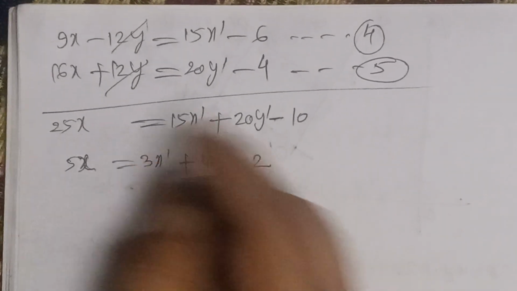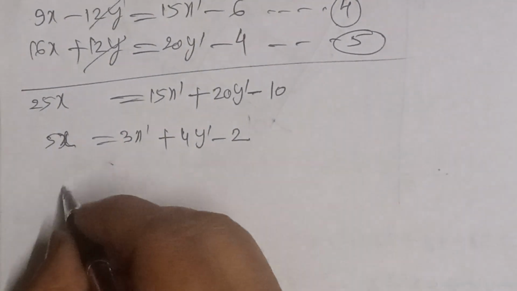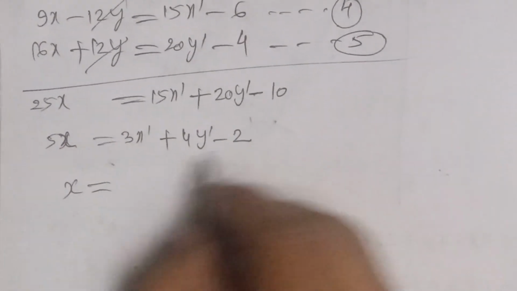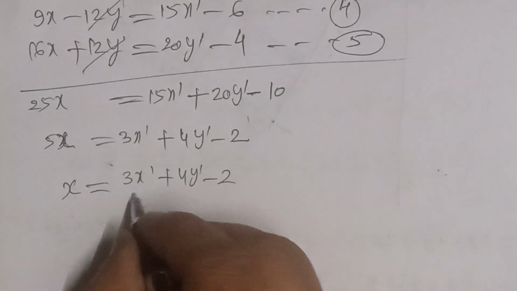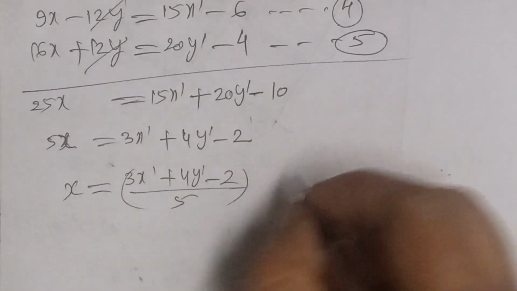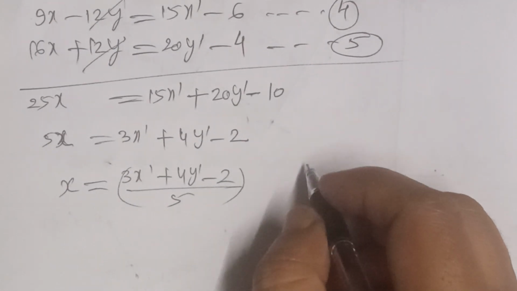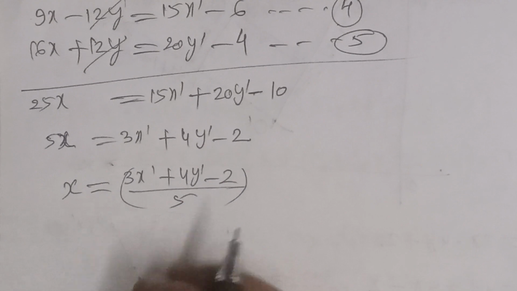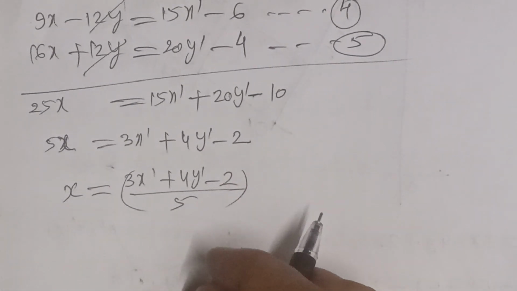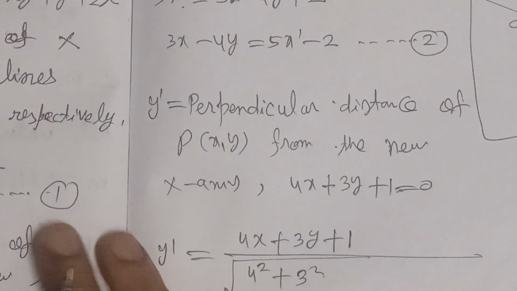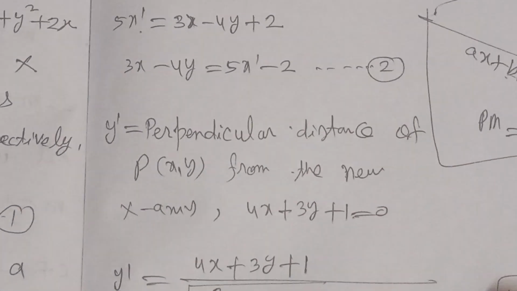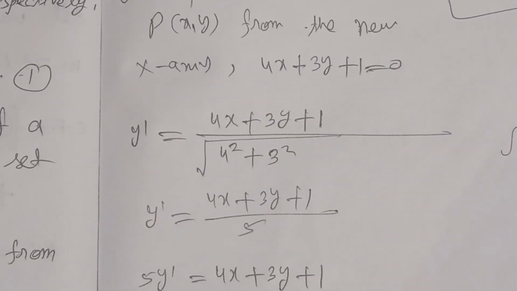But we have to find the value of x in terms of x dash, y dash. So I divide the whole equation by 5. We get 3x dash plus 4y dash minus 2 upon 5. This is the value of x in terms of x dash, y dash. Now we have to find the value of the unknown y from equations 2 and 3. We have many methods to solve.